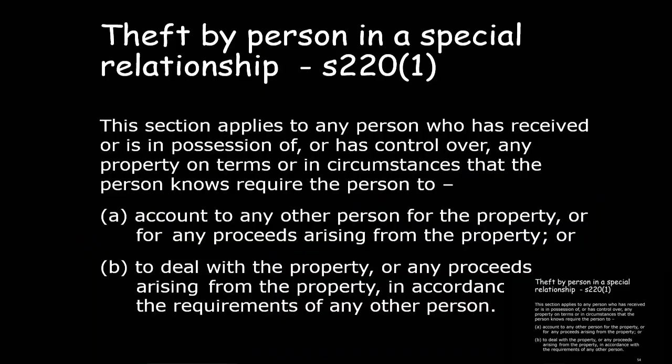So theft in a special relationship is what we call it under Section 220, and looking at subsection 1. This is setting out essentially the requirements, so where a person has received or is in possession or in control of something, some property, and it's on terms or circumstances where they know that they had to account to some other person for the property or any proceeds from that property, and they must then deal with the property in accordance with those requirements.